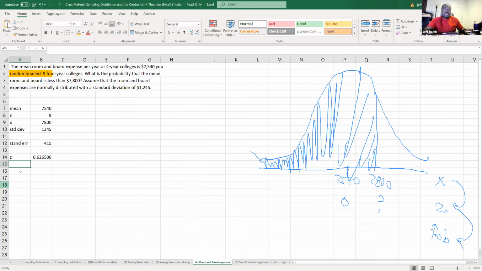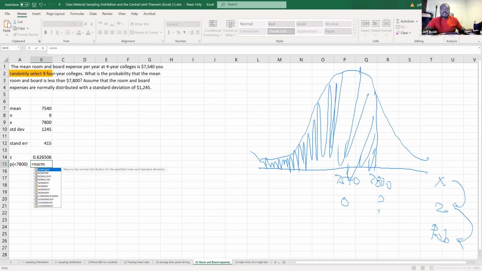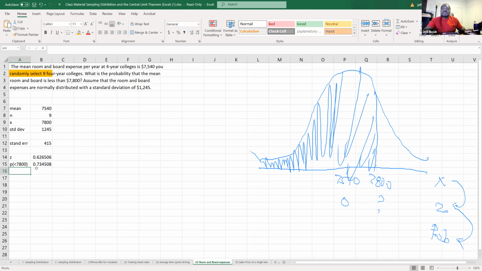The question is asking us to find the probability of less than 7,800, and to do so, it's going to be equal to NORM.DIST of this value, 0, 1, true. So we get our answer as that.